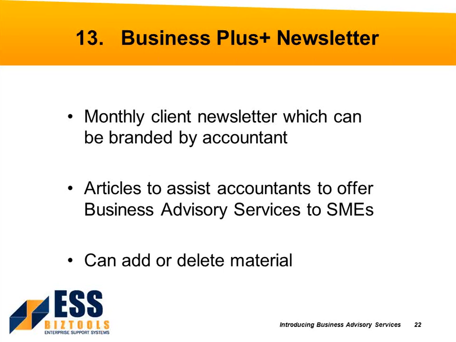Most of the articles have a call to action. So we might have talked about cash flow management when we finish. If you would like to have a discussion with us about your cash flow management problems, please contact us. That's a call to action, trying to get the client who's read your newsletter to come in and have a discussion with you about those services. And you can add or delete material as you see fit if you wish.